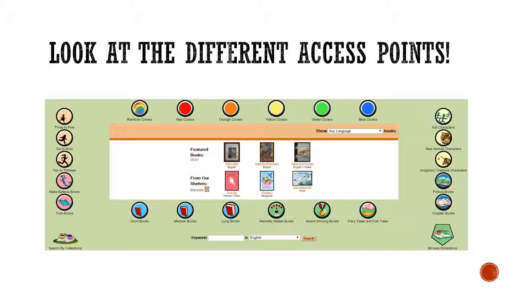And you can see, you can look up kid characters, real animal characters, imaginary creature characters. You can look for picture books, you can look for chapter books, you can look for make-believe books, and you can search by age group. You can also search for the color of the covers, which is pretty funny.